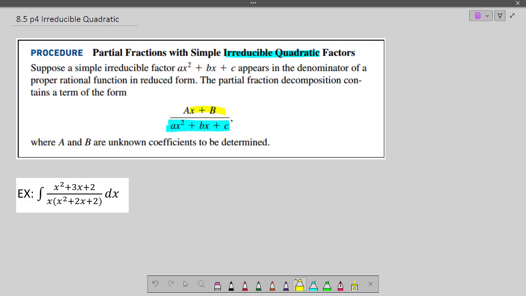So if the denominator is linear, you can only have a constant in the numerator. If the numerator were linear also, then you don't have a proper fraction anymore. Proper, the power on the top has to be less than the power on the bottom. So we're thinking about the most general proper fraction here. If the bottom's a quadratic, the biggest the numerator could be and still have a proper fraction is linear. So we're going to make that linear. So that's the only difference.